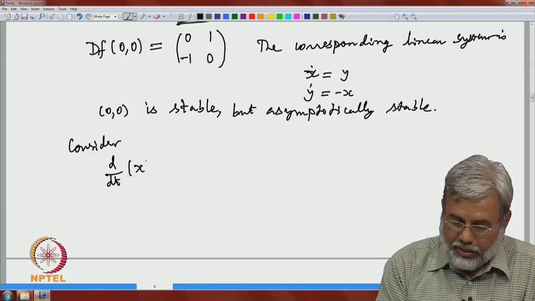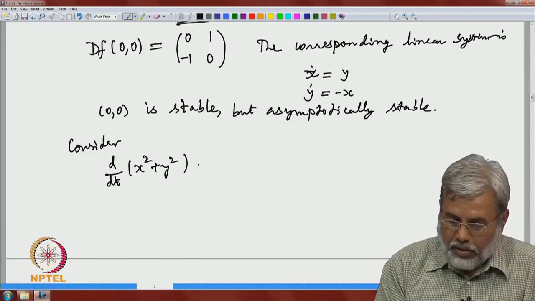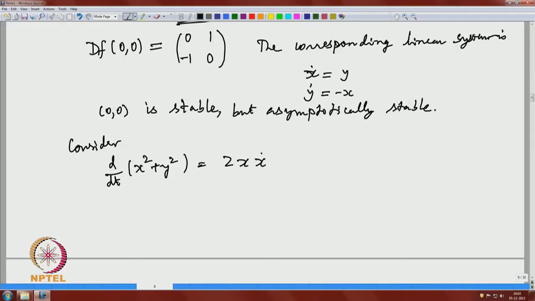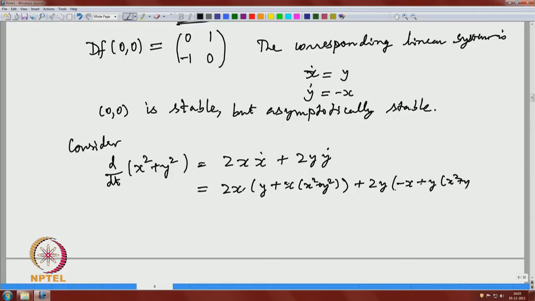This again we did in the previous example also. x dot plus 2 y dot, so this is just y plus x square plus y square from the original system, plus 2 y minus x plus y x square plus y square.